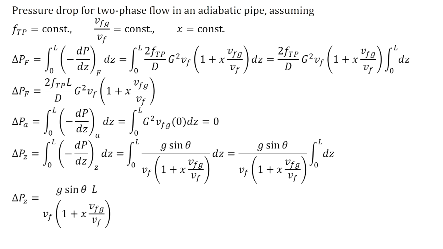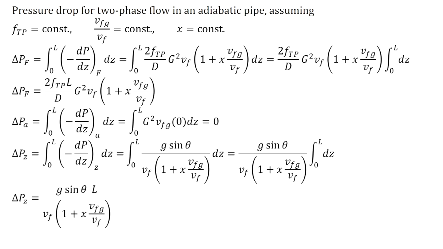So, the frictional pressure drop is equal to the integral of the frictional pressure gradient, and here we see that everything comes out of the integral sign, and we are left with only the integral of 0 to L dz, which is nothing but the length of the tube L. So, we get delta Pf as 2 FTP L by d g square Vf in the bracket 1 plus x Vfg by Vf.